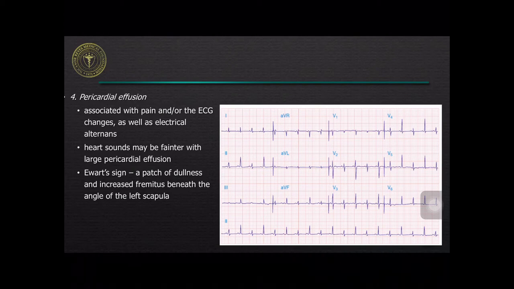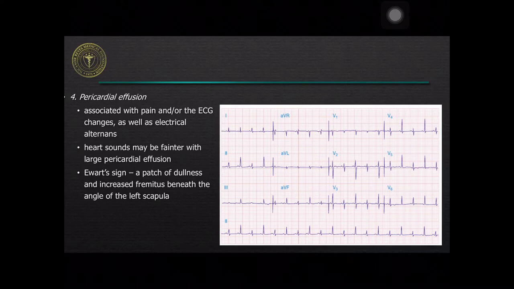Pericardial effusion is associated with pain and/or ECG changes as well as electrical alternans. Electrical alternans is due to the movement of the heart towards the anterior chest wall producing the large QRS complex and moving of the heart away from the chest wall producing the small QRS complexes.